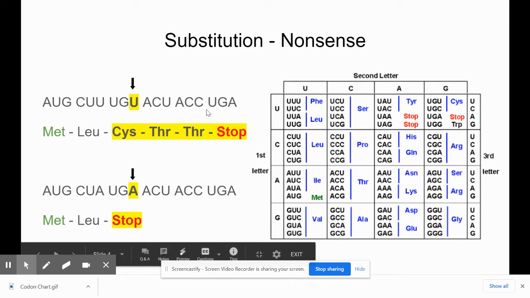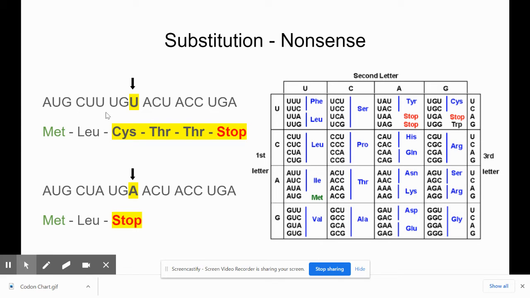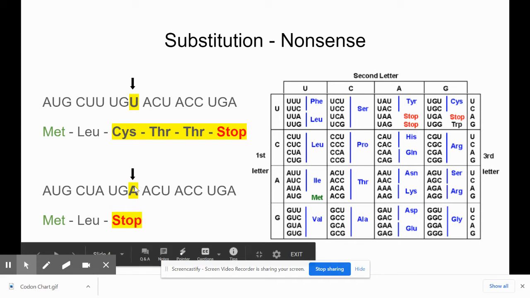So in the original sequence here, the third codon, the UGU, codes for cysteine. And the uracil has been replaced by an adenine in this RNA sequence. UGA is a codon for stop. So if you go over here, UGA is a stop codon.